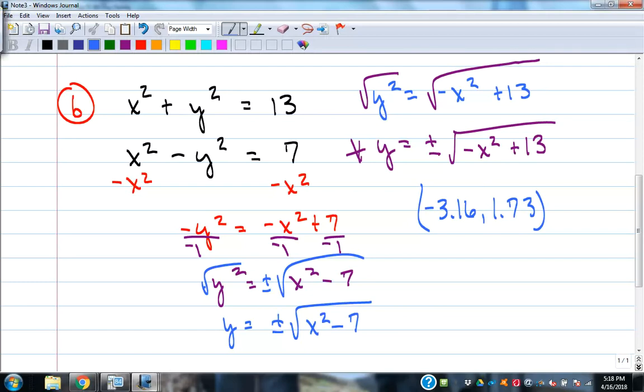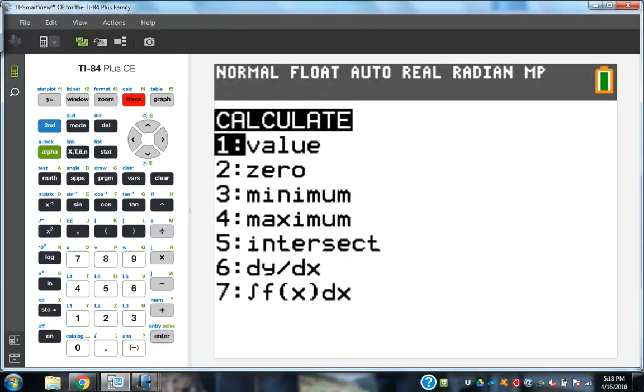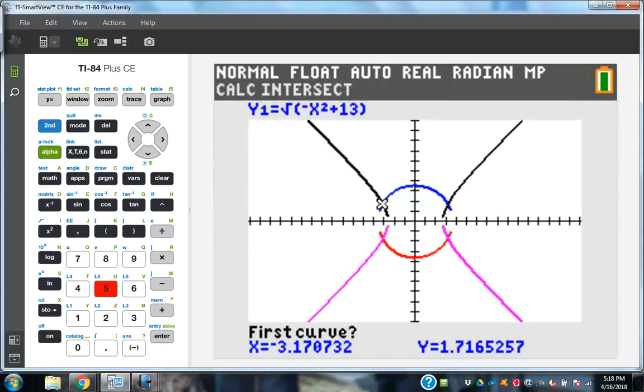And then do it again. Second, trace. 5 for intersect. First curve. I'm going to move over here. I'm going to get that one on the top right. I'm going to get over there close to it. Oops, too far.